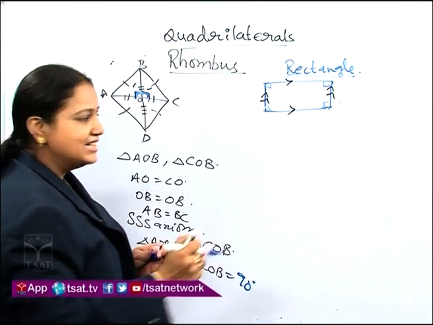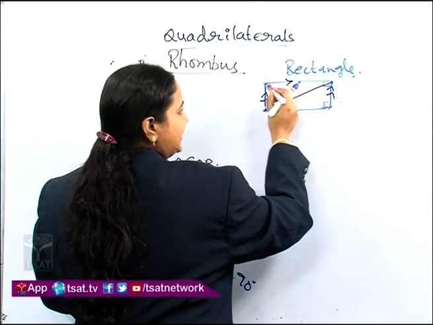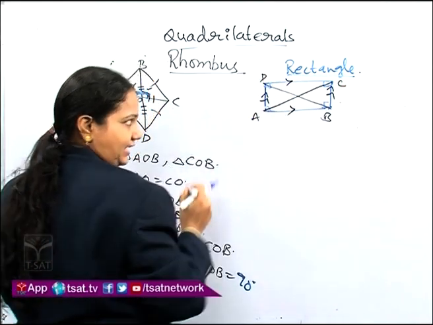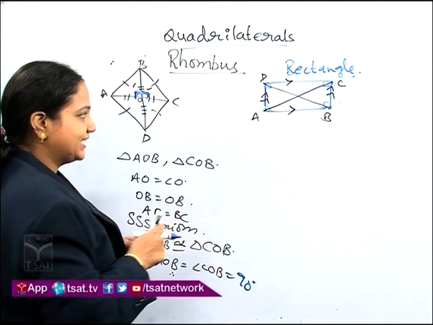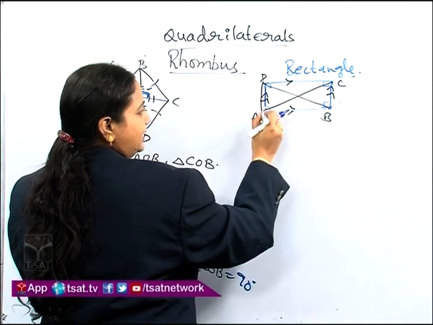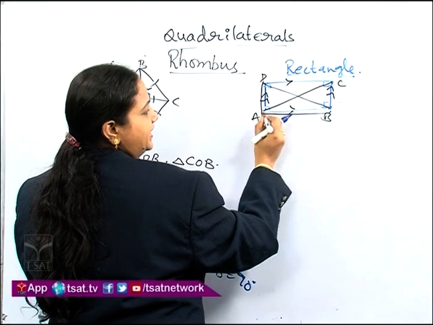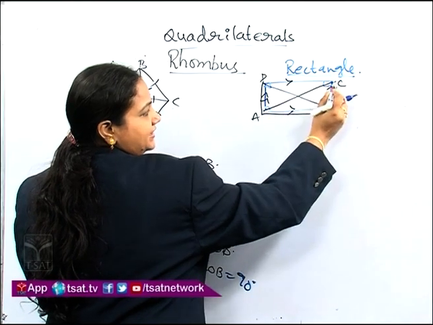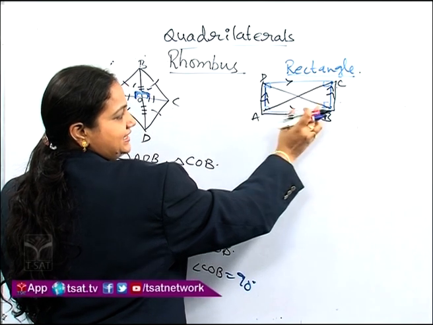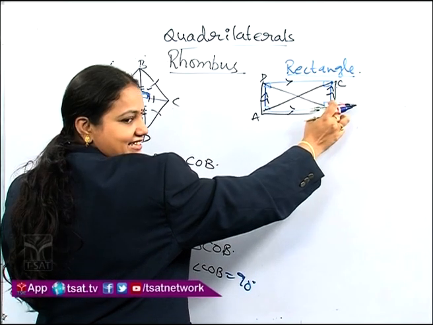So if you draw the diagonals, if ABCD is a quadrilateral, a rectangle, in that each angle, if you observe, the triangles ABC and ABD are congruent because this is a common side and each angle is 90. These opposite sides are equal.